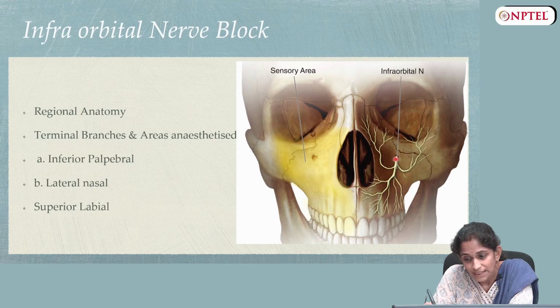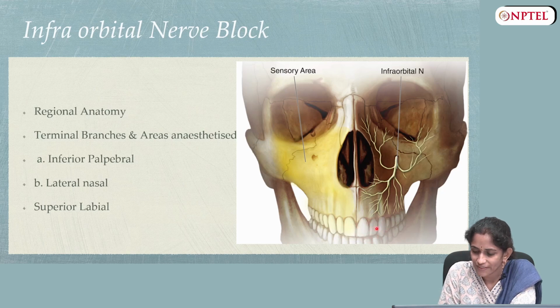Other than this, the branches from within the bone supply the three anterior teeth, that is the central, lateral and the canine teeth of the same side.